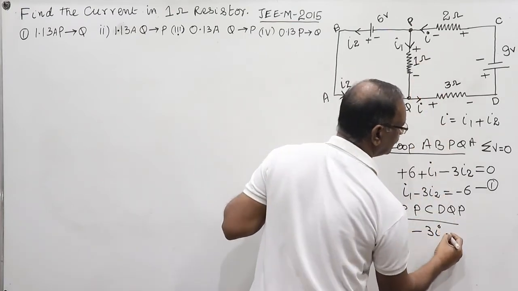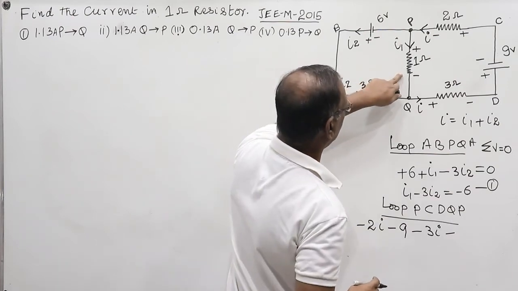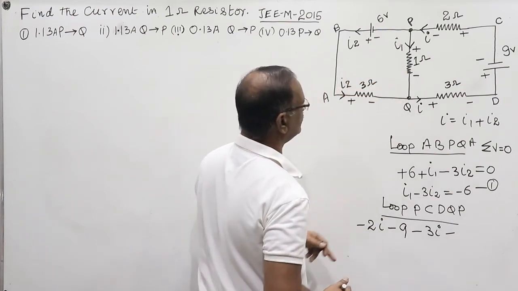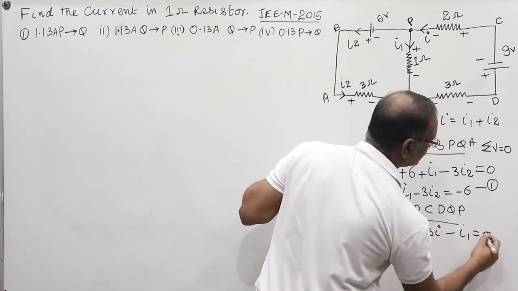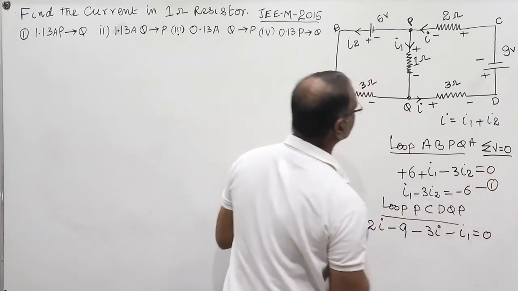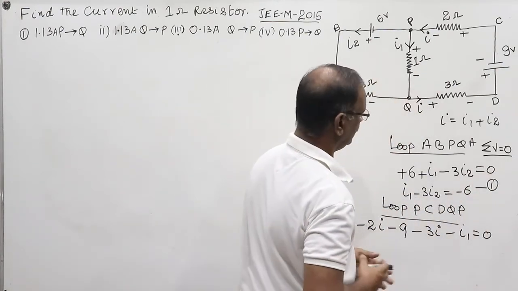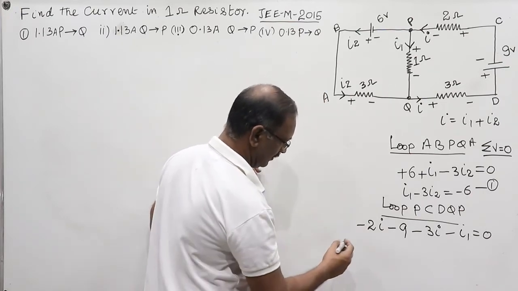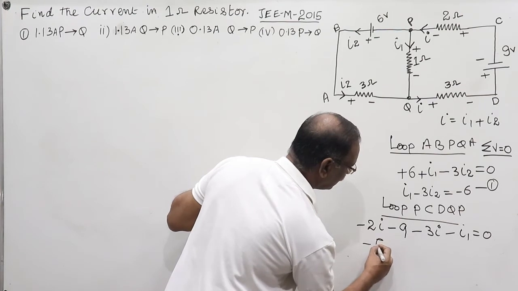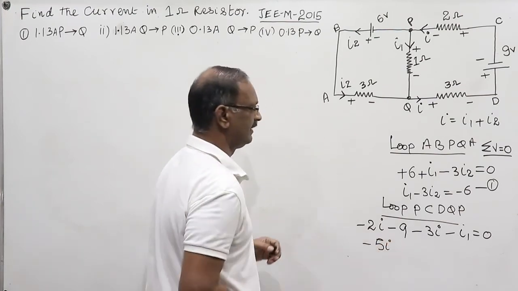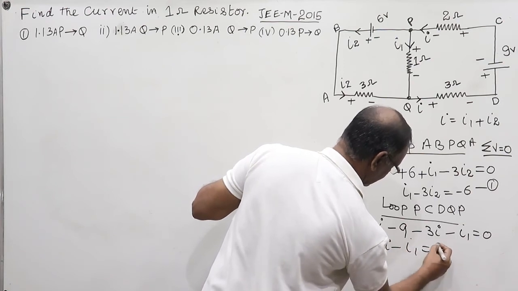So the negative potential drop is I1 times the resistance R, that is 1 into I1. So we can write minus 2I, which comes to minus 5I minus I1 is equal to 9.